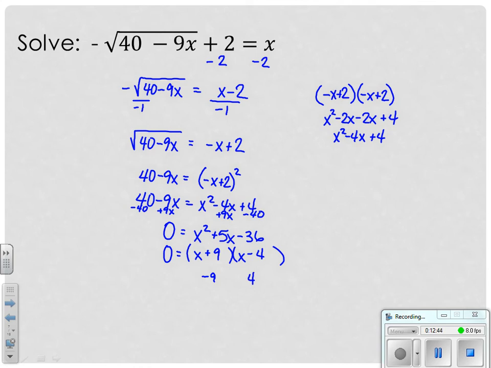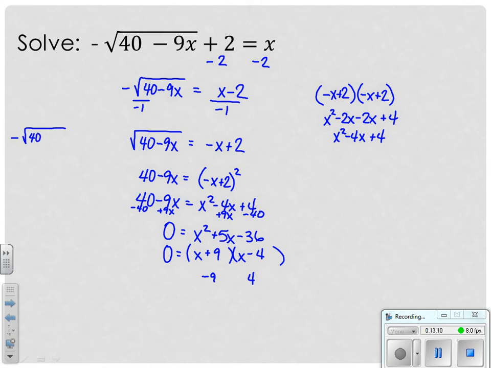Now, this was one of those that, you know how we talked about in previous sections that sometimes what appear to be solutions of equations are not exactly solutions to equations? You always need to perform a check and make sure that the numbers actually follow through and work. If we were to go ahead and check these numbers, okay, let's check the negative 9 first. We'd have a negative square root of 40 minus 9x.